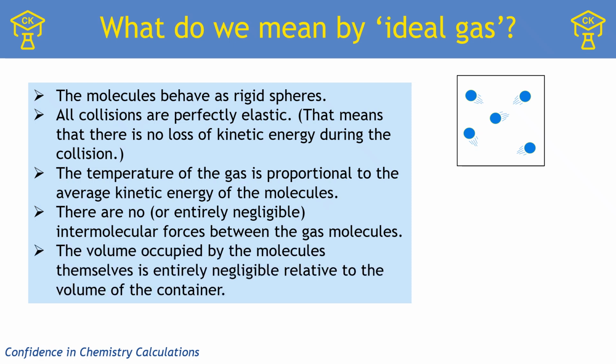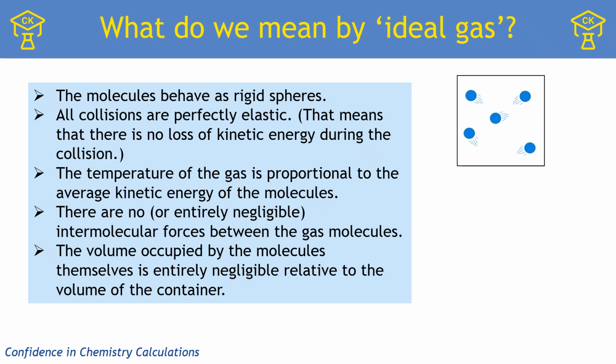So we also think about the volume occupied by molecules being entirely negligible, relevant to the volume of the container. So meaning that really we talked about most gases having huge spaces between them, so that the volume occupied by the molecule itself has no real impact, and the space is how much space the particles have to move around in.